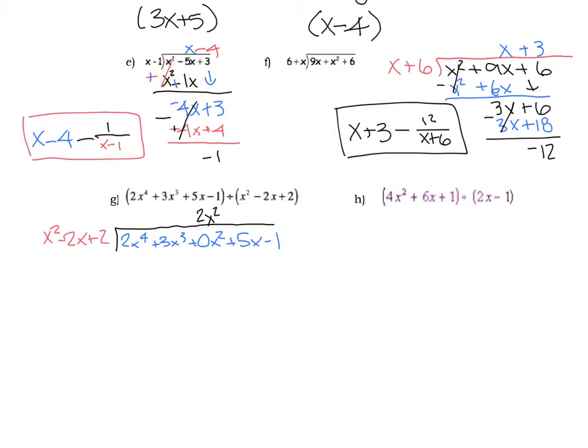Now let's multiply this out. 2x squared times x squared is 2x to the 4th. And remember, that's what we need. We need those to be the same. So then we get 2x squared times negative 2x is negative 4x cubed. And then 2x squared times 2 is positive 4x squared.